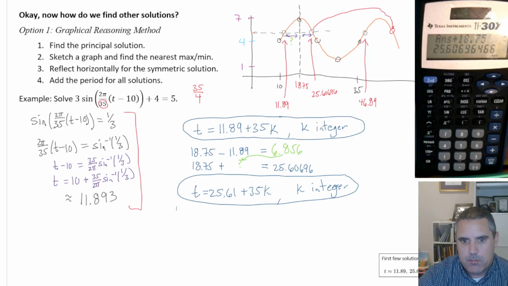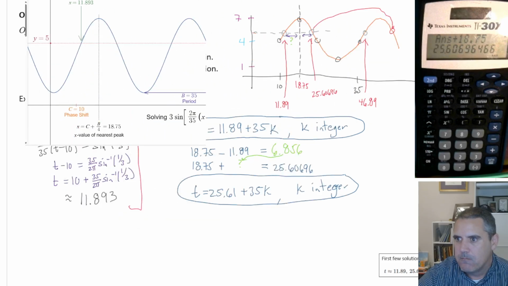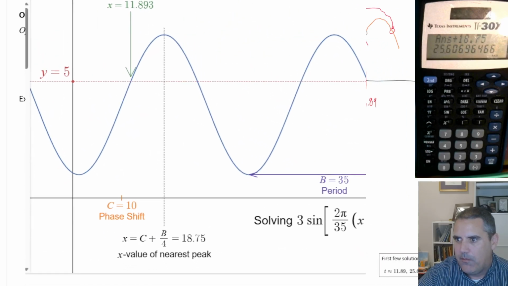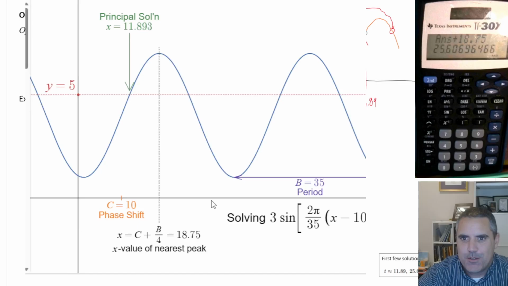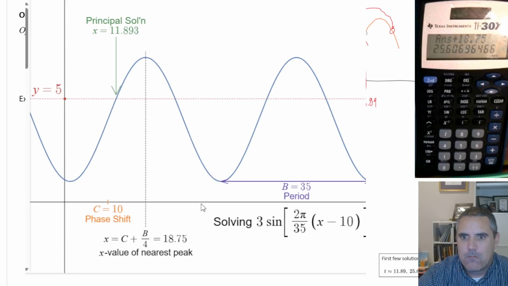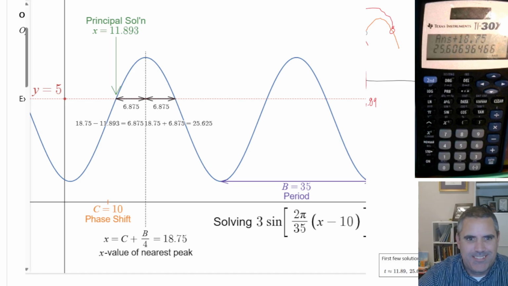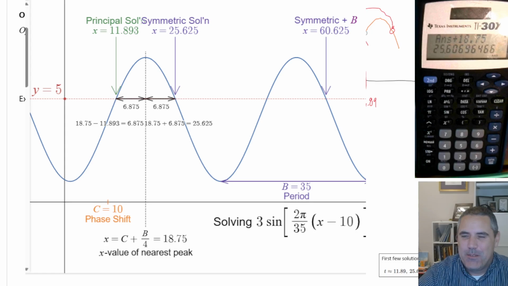I do have a visual of this, but I don't know if this is helpful. I'll pull it in. So just to recap, this is the visual. Made it slightly nicer than what I had. We had the peak. We found one solution. We used symmetry. So I don't know if this helps. We found the symmetric solution.